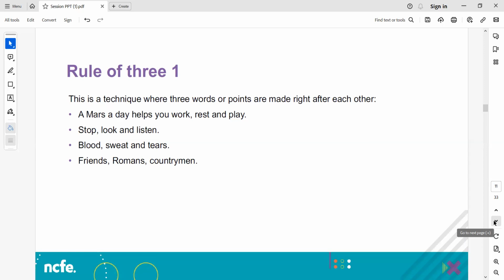Blood, sweat and tears. Friends, Romans, countrymen. I think that last one is from Shakespeare, but it is something I remember and recognise as some words from a play, because that rule of 3 makes it easy to remember.